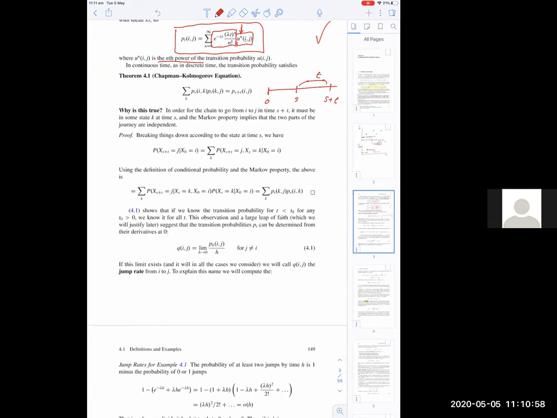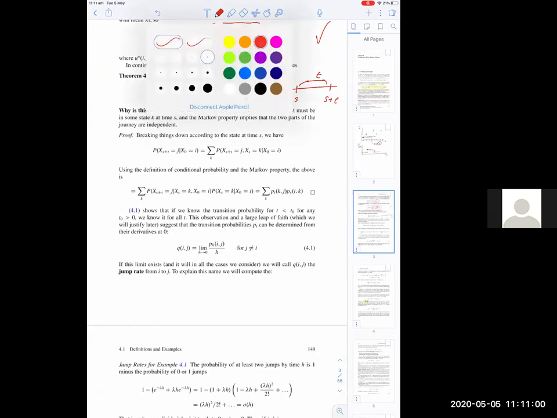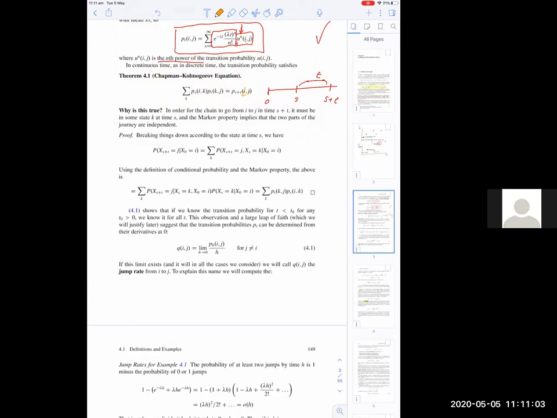The probability of going from state i to state j in s plus t time units is obtained by looking at all the steps of going from i to k, where k can be any intermediate state, so you're summing over all possible k, and then going from k to j. That's the Chapman-Kolmogorov equation in continuous time.